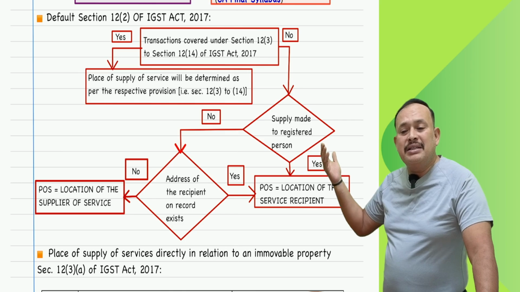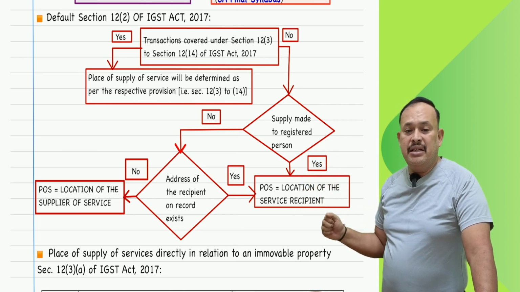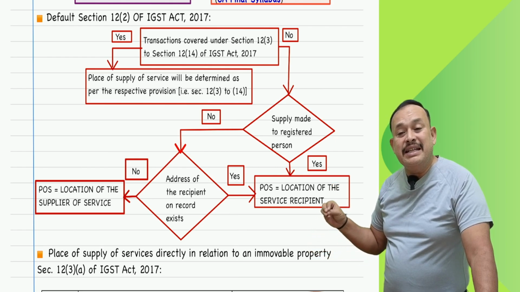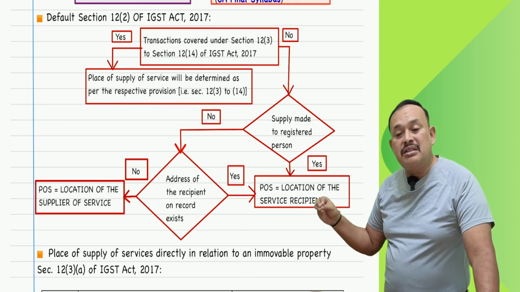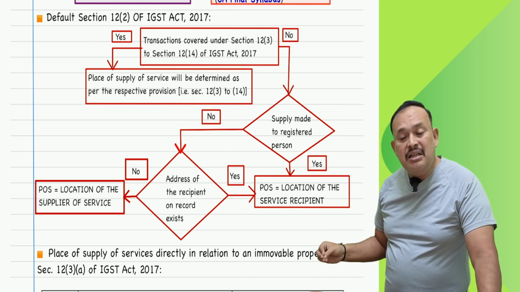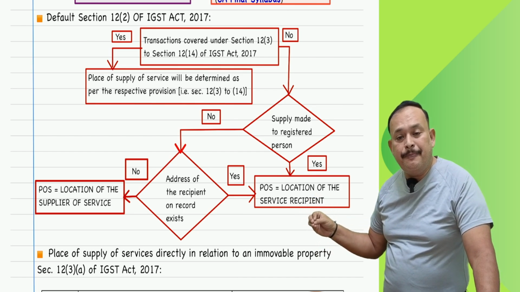If the recipient is an unregistered person, then the address of the recipient on the records of the supplier, if it exists, is the place of supply.